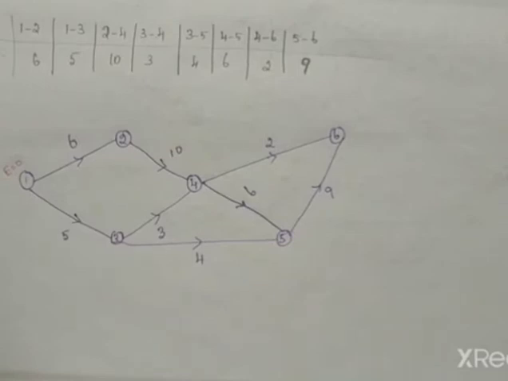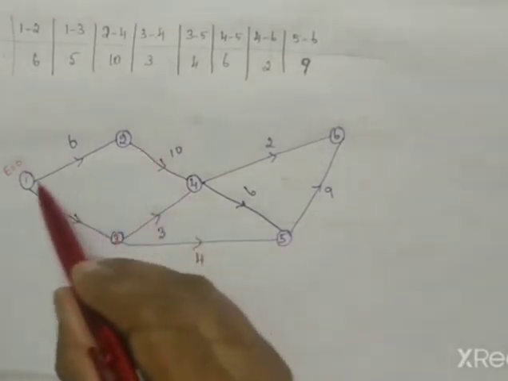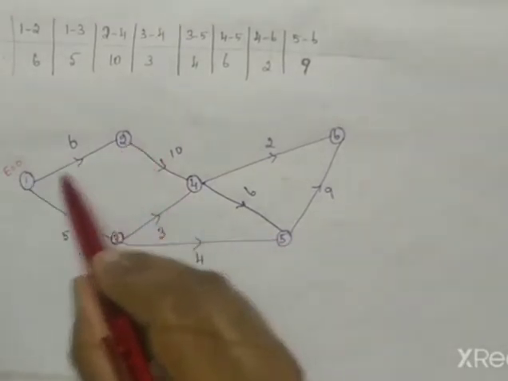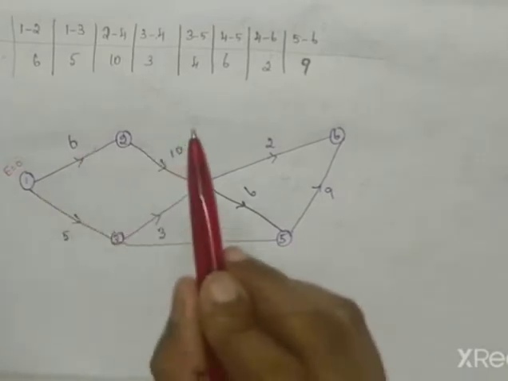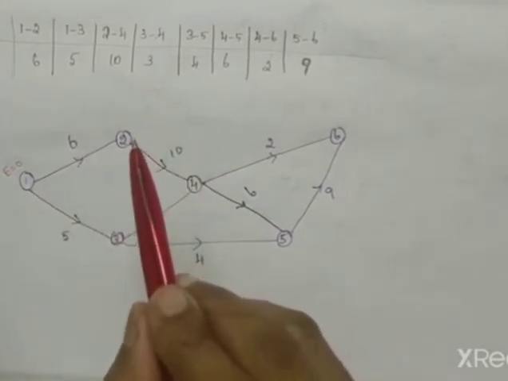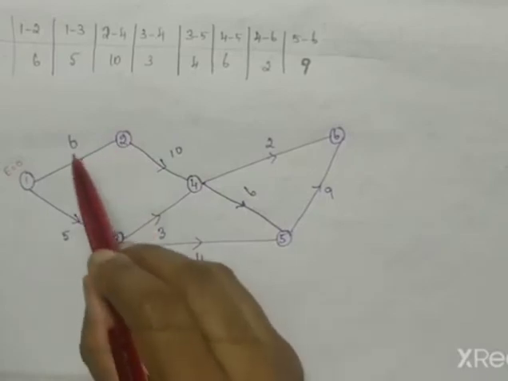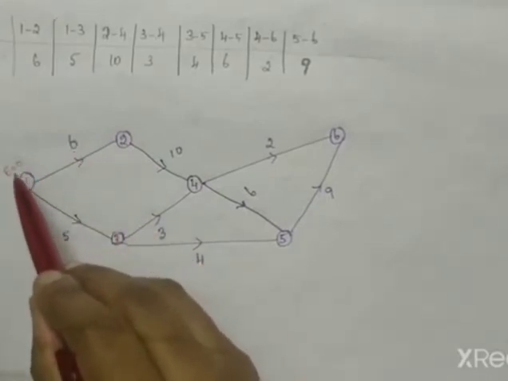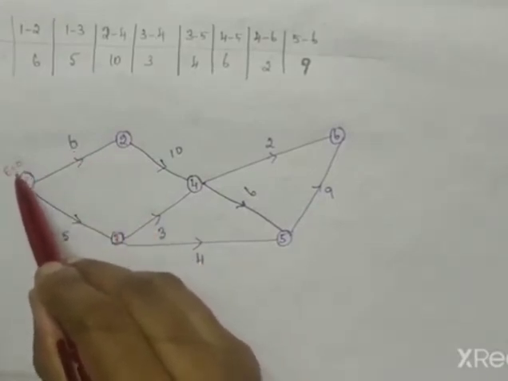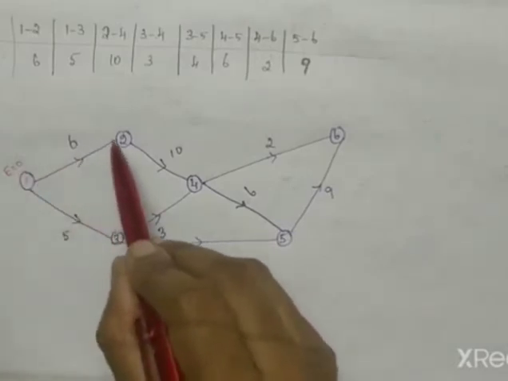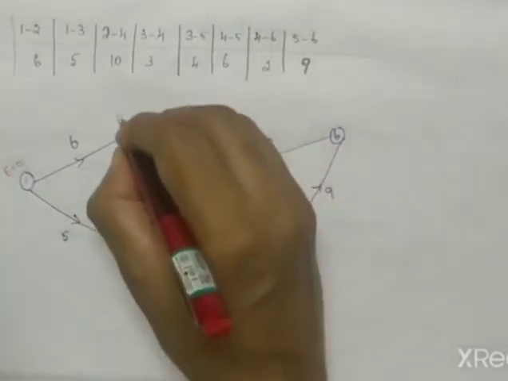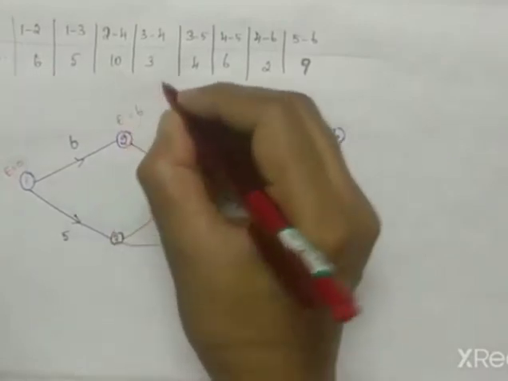For the second activity there is only one, so the E value is calculated by adding the duration and the previous E value: 0 plus 6 is 6. So for the second, E value will be 6.